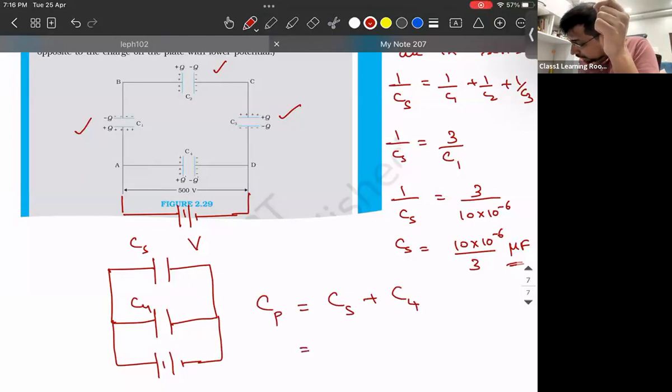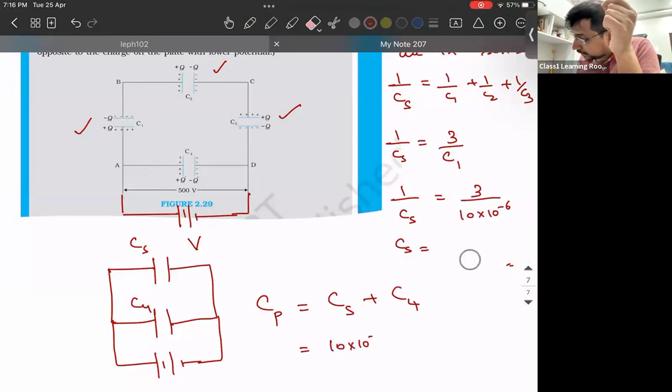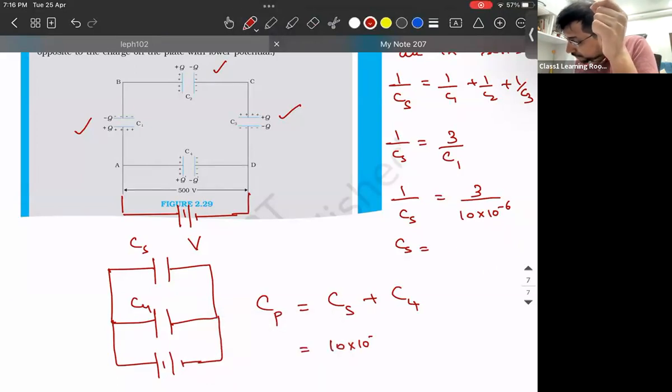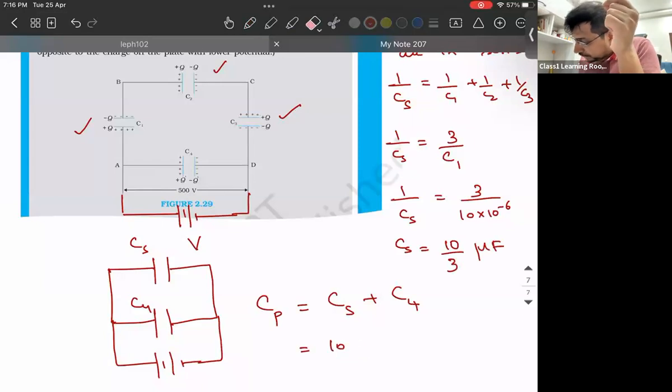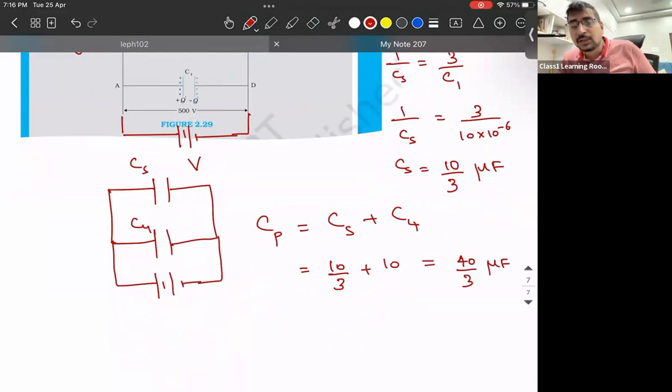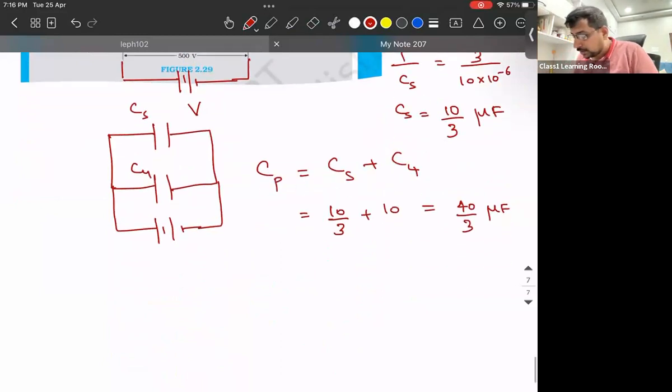So what is the value of CS? It is 10 into 10 power, okay, I'm sorry, here it is 10 divided by 3 microfarad. It is going to be 10 by 3 plus 10, which is 40 by 3 microfarad. So that is going to be the equivalent capacitance in this scenario.